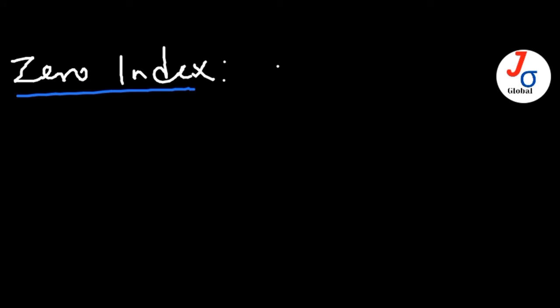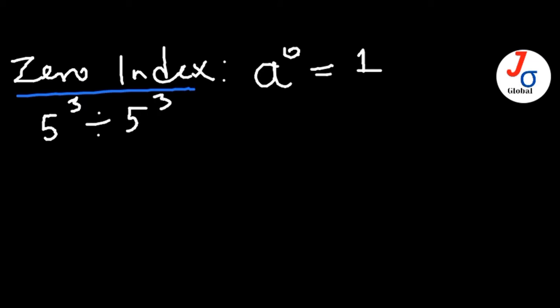Then you have the zero index. And what does the zero index law say? It says that if any number is raised to the power of 0, then that number must be equal to 1. For example, 5 raised to the power of 3 divided by 5 raised to the power of 3.